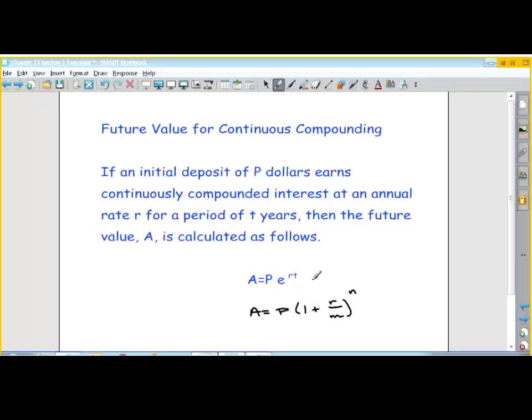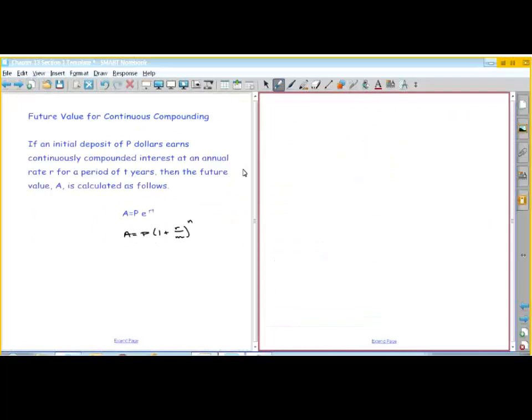So to introduce this letter E, which you may or may not have seen before, if you have your calculator, try calculating this: 1.00000001 raised to the how many zeros to have? I think it's the millionth power.